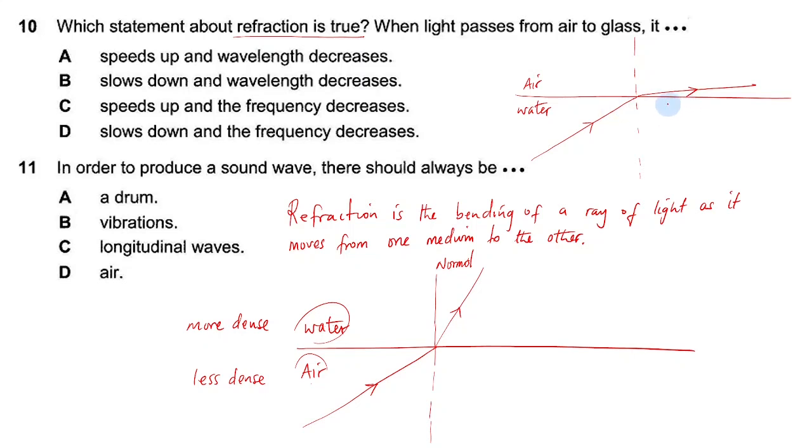So in this case, it means that the speed of the ray increases as it moves from the more dense medium to the less dense one.